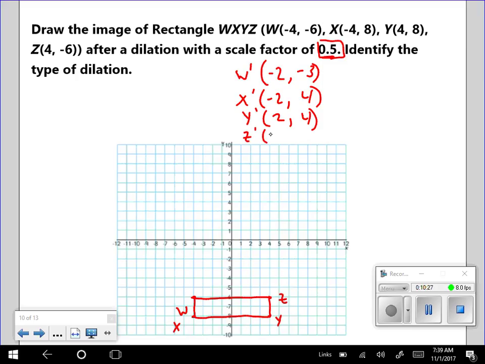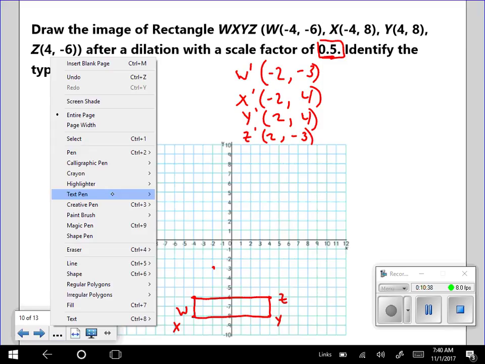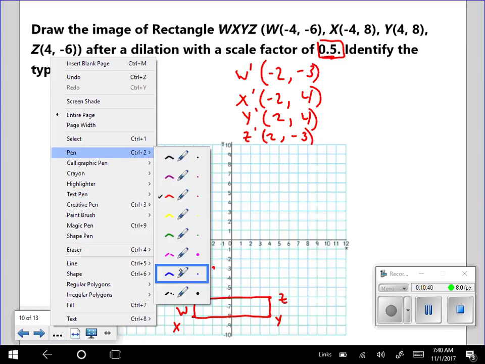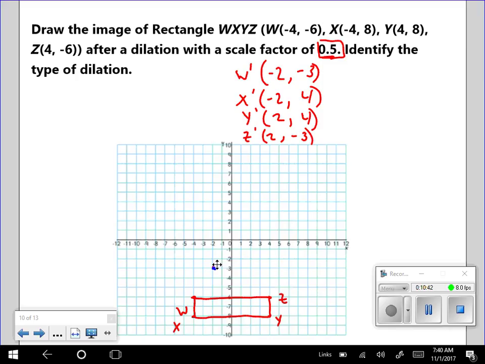Half of 4 is 2, and half of 6 is 3. So our new points are at -2, -3. I should do it in a different color here. -2, 4.